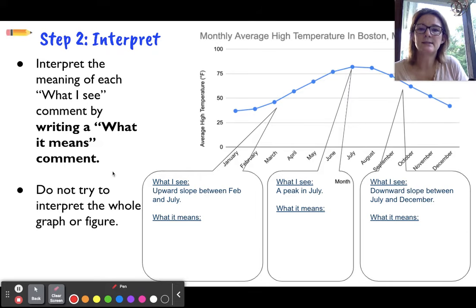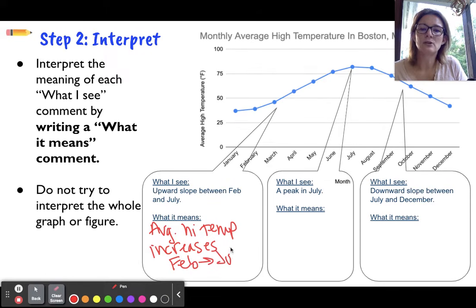It means that the average high temp increases from February through July. So now I've added some meaning to the upward slope. It's showing us that the average high temperatures have gone up.